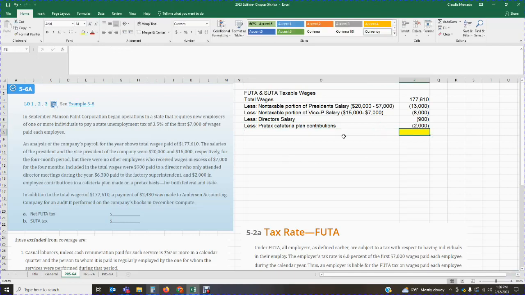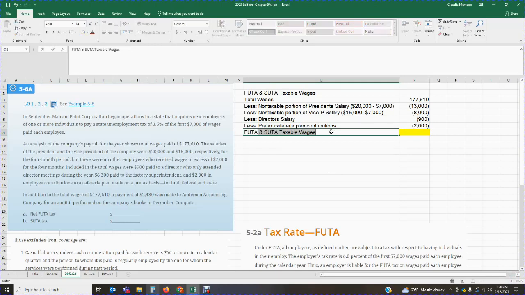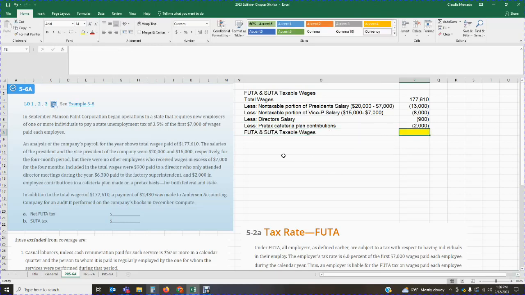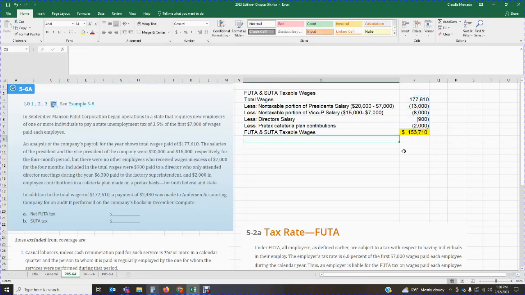So then that's going to give me my FUTA and SUTA taxable wages. My FUTA and SUTA taxable wages is going to be your total wages less all of these items that are not taxable. So that's going to give me an amount of $153,710.